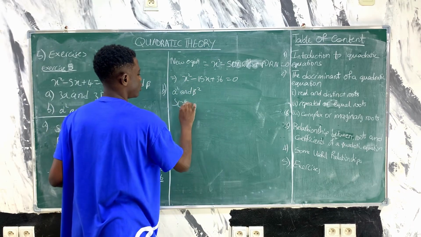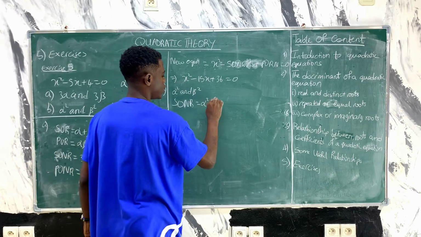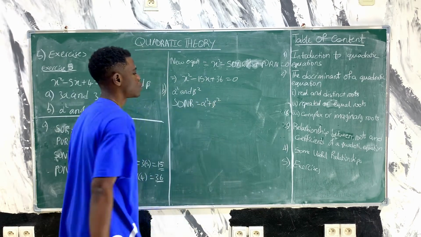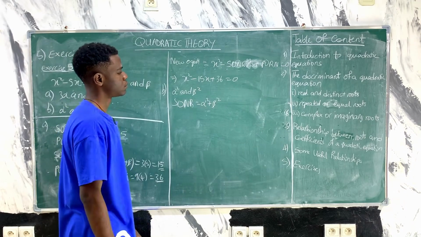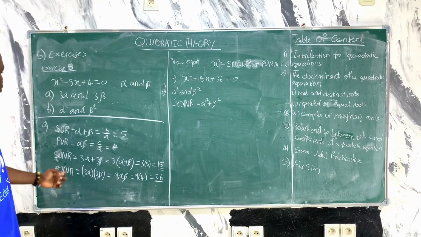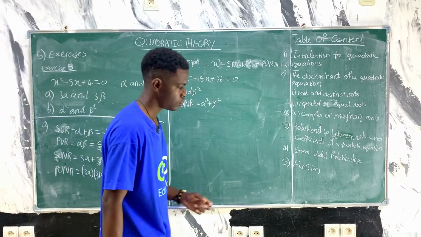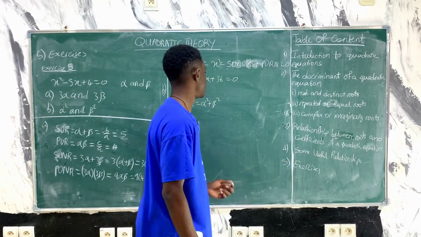The sum of new roots is going to be alpha squared plus beta squared. But we need this in terms of alpha beta and alpha plus beta. That is why we did some useful relationships.